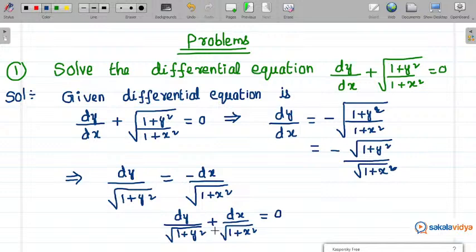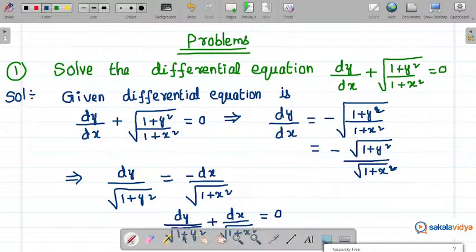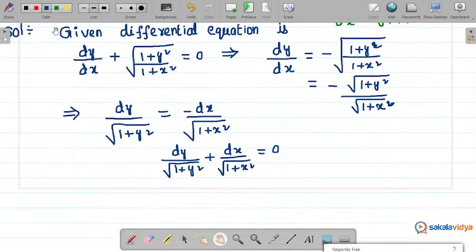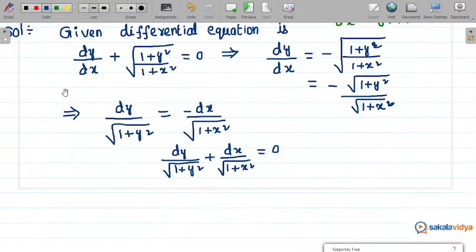That is variable separable form. So, now integrating on both sides we get our solution.